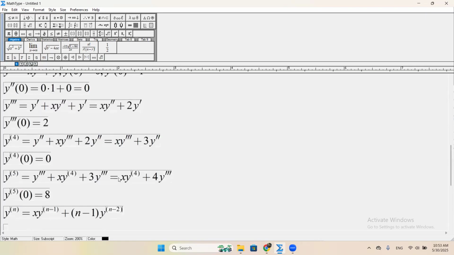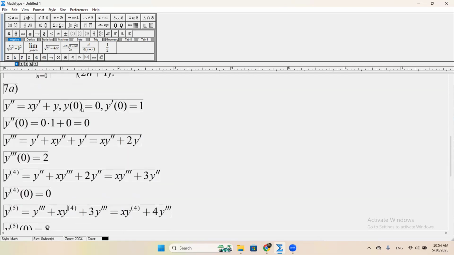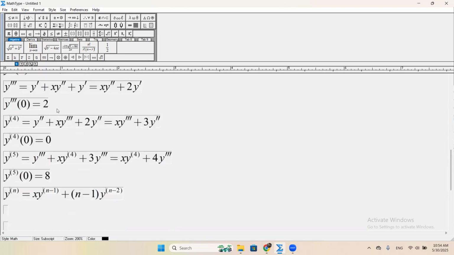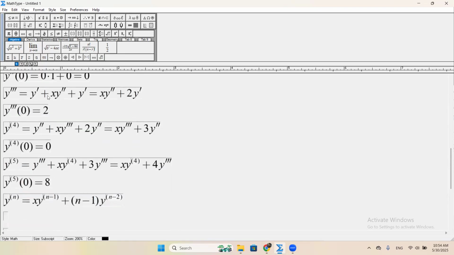So let's, for example, substitute 2 here, and it's actually true. Substituting 3, so here will be the second derivative, here will be coefficient 2, and here the first derivative.